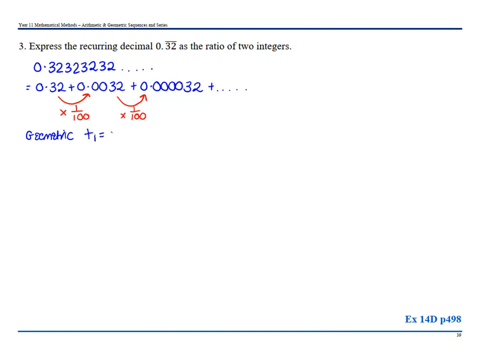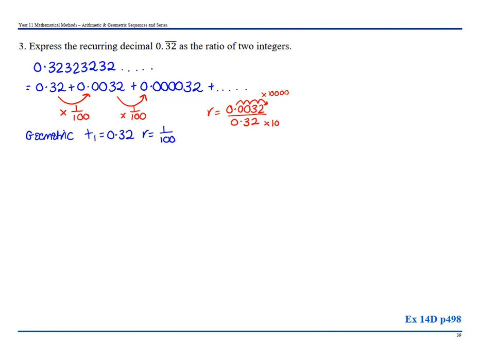Our T1 is 0.32 and our r is 1 over 100. Now, if you can't see where that 1 over 100 comes from, remember it's the second term divided by the first term. So if I wanted to do this by hand, just say this was in a tech-free paper, which it could be, what I do is I want to make the top one whole, like a whole number. So I need to times that by 1, 2, 3, 4, 10,000.